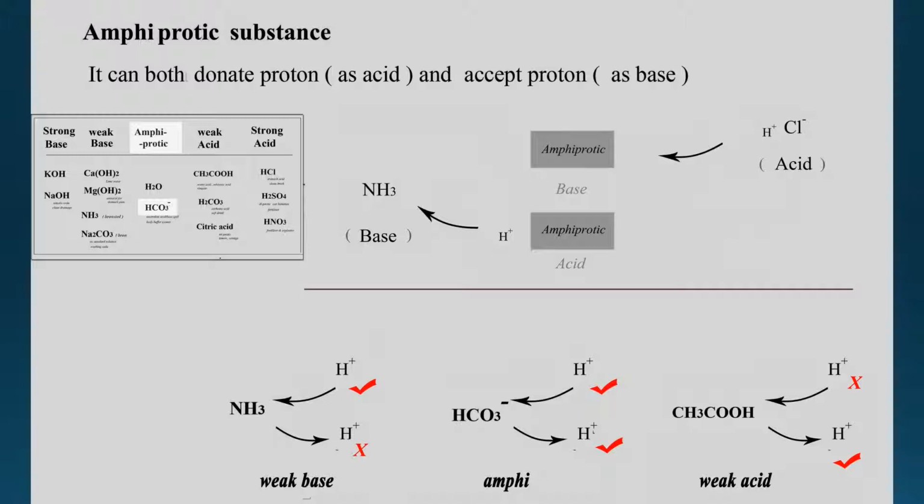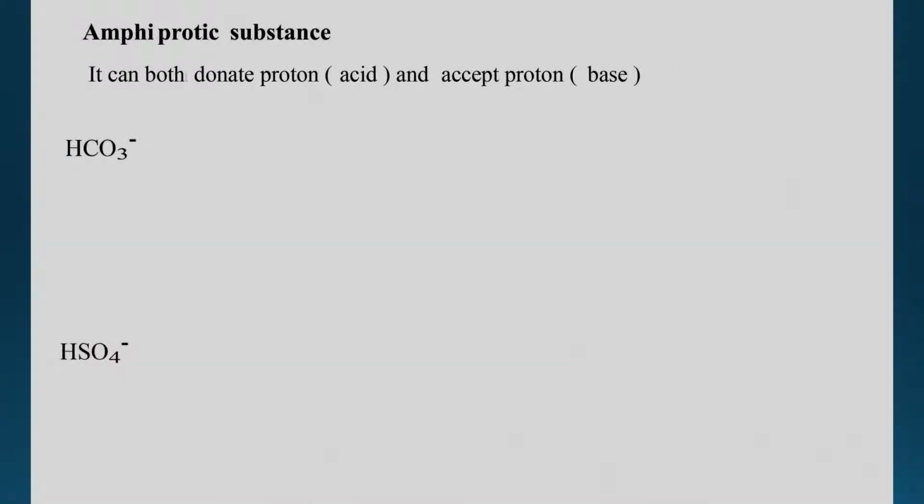Can you do it? Yes, you can. To qualify as amphiprotic, you need to be able to do both. Repeat the definition: amphiprotic can both donate a proton as an acid and accept a proton as a base.